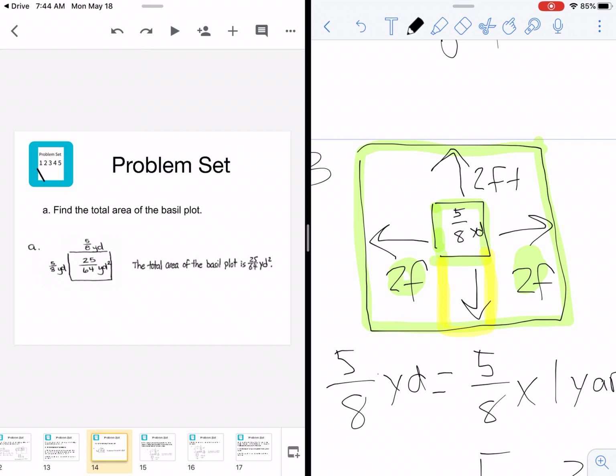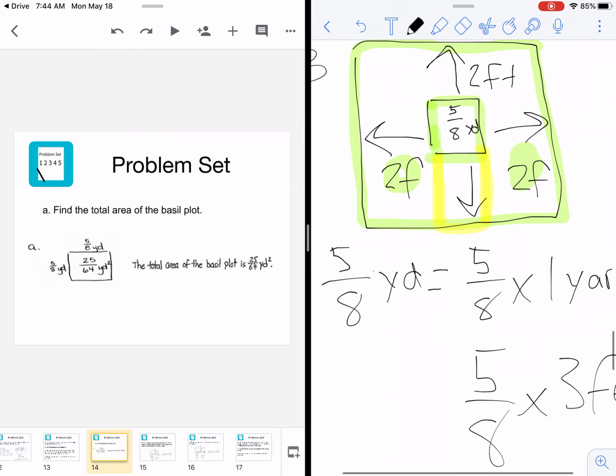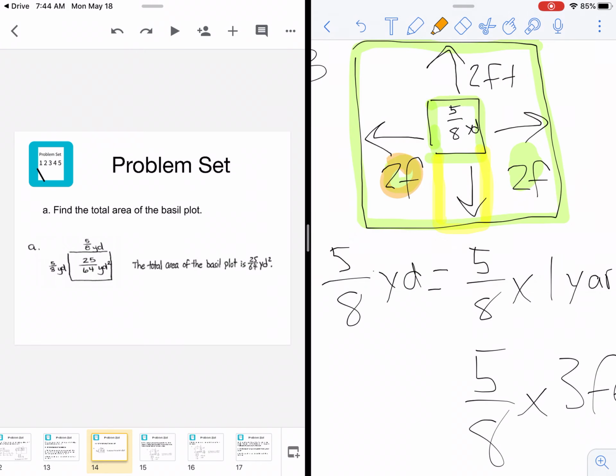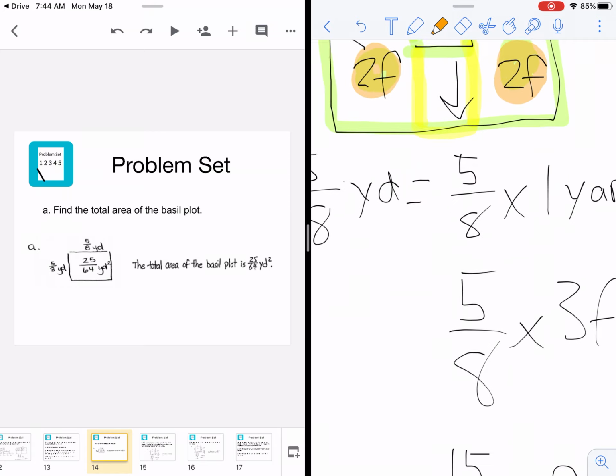Okay. So now we're going to add 4 feet, I'm going to do it in orange, 2 feet plus 2 feet plus now we have 1 7/8 because this 5/8 now is 1 7/8 feet. It used to be yards, but we had to convert it to feet.